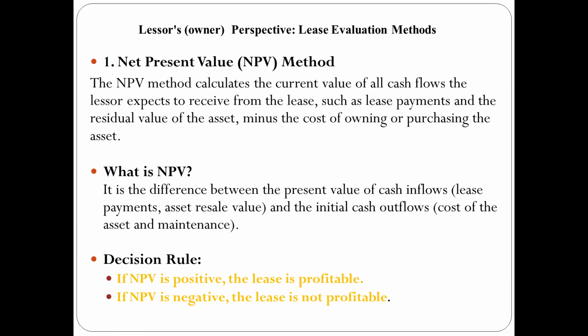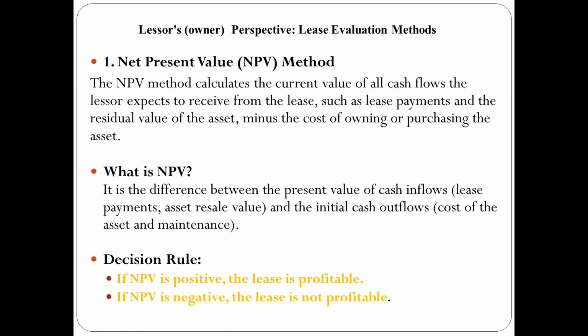If the result is positive, the lease is a good deal because you are earning more than you are spending. If it's negative, it's not worth it. In simple terms, you see if the money you will make is more than the money you spend, taking into account the value of money over time.